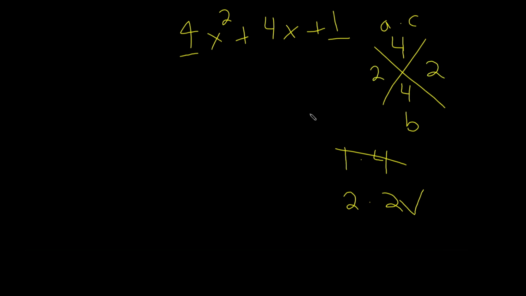Now, unlike part 1, we don't just write x plus 2 times x plus 2. We wrote that in that case because a was 1. But now a is not 1, so we're going to do something a little different. We're going to write a, or the first term, as it is, so 4x squared.